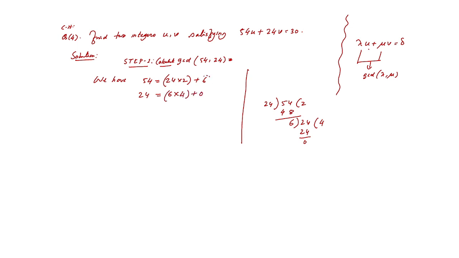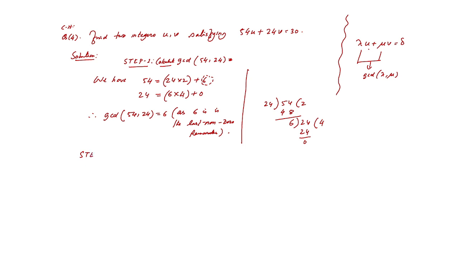So here the last non-zero remainder is 6. Therefore GCD of 54 and 24 is basically 6, as 6 is the last non-zero remainder. So here we just applied the Euclidean algorithm, and by applying it, we have found the GCD.